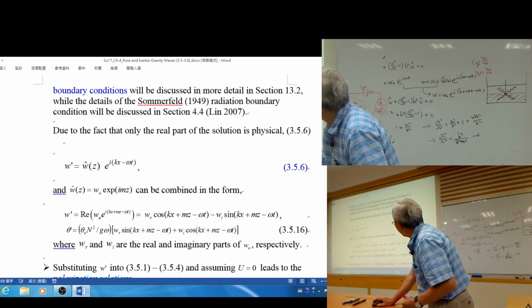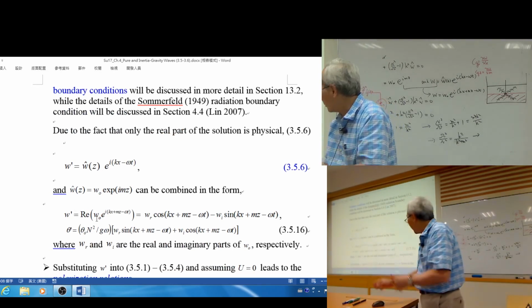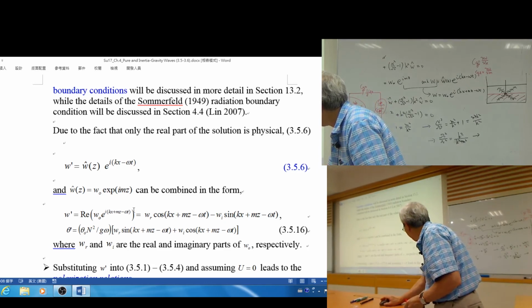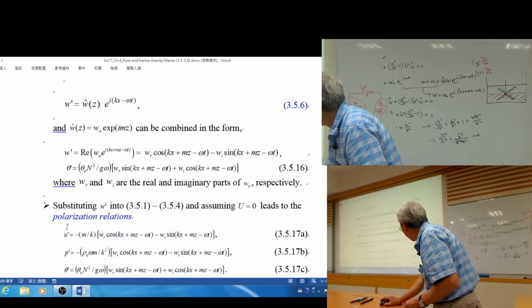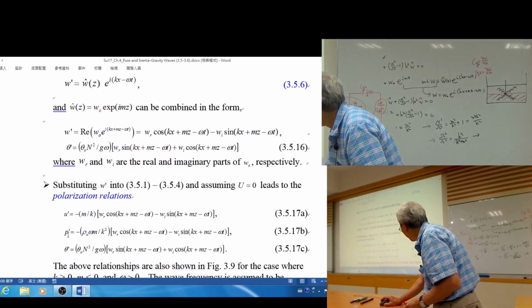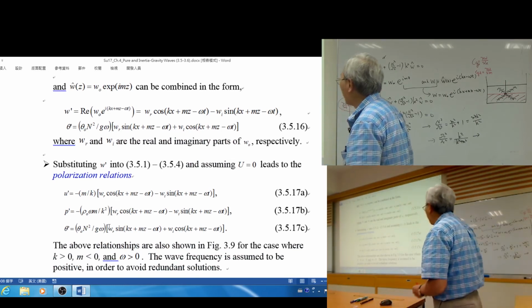So then based on this solution W, you have to take real part because imaginary part is unphysical. So you have to take a real part and then become like this. And then based on this, you can calculate theta prime, and you can calculate everything: U prime, P prime, theta prime, and those are called the polarization relations. So don't be nervous.